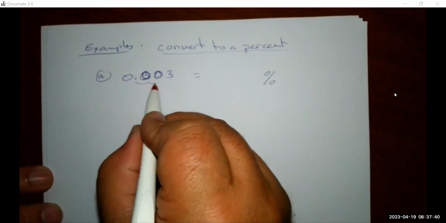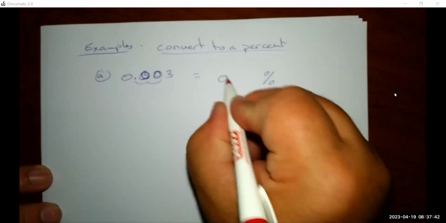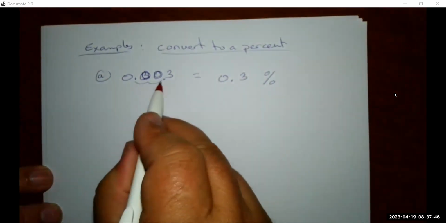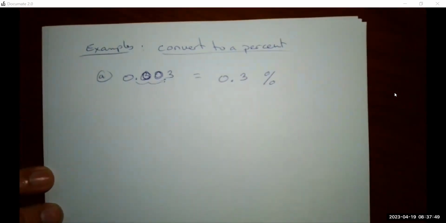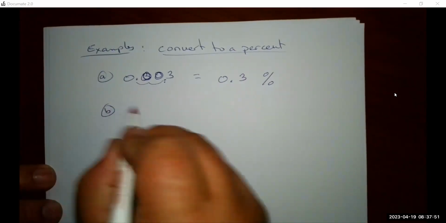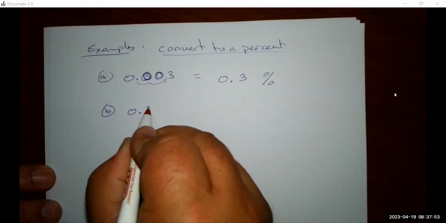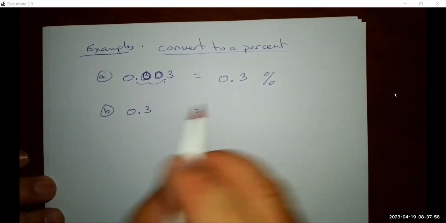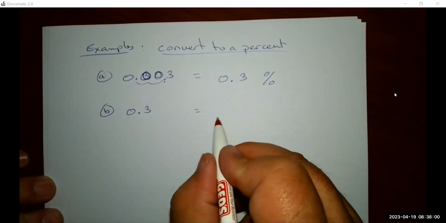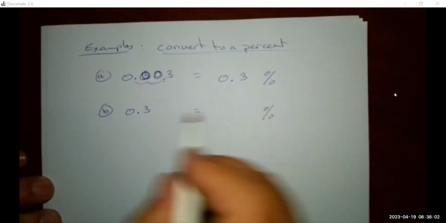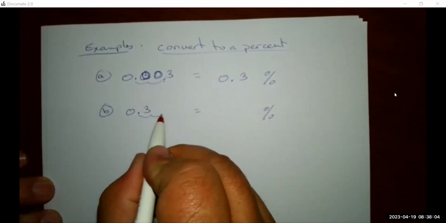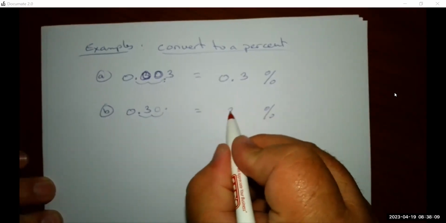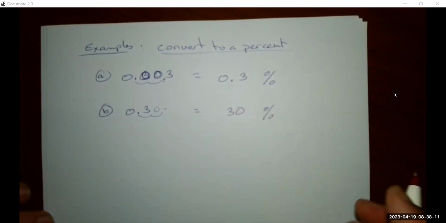So we have to move 2 to the right. So we have 0.3%. If we had 0.3 and converted it to a percent, you move it 2 to the right, so it will be 30%.